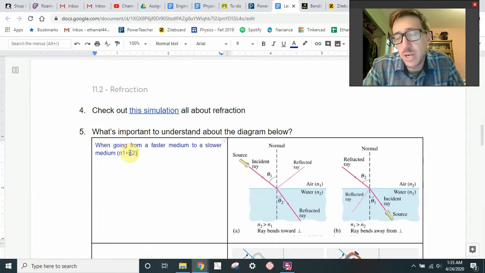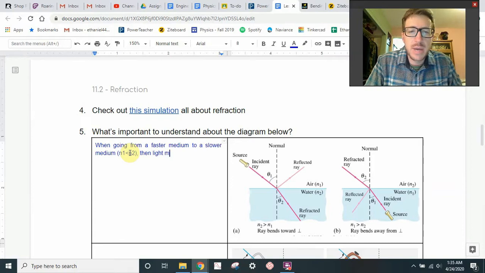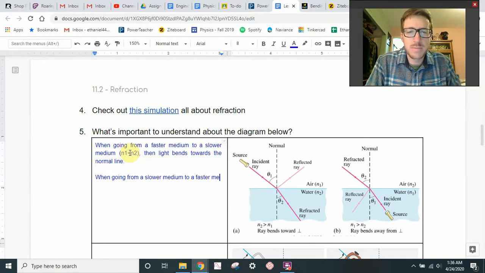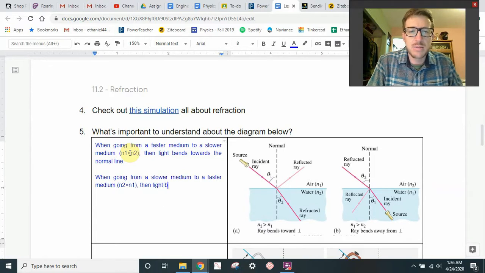That is, the index of refraction for medium 1 is less than the index of refraction for medium 2. Then light bends towards the normal line. And when going from a slower medium to a faster medium, in this case n2 would be greater than n1, then light bends away from the normal line.